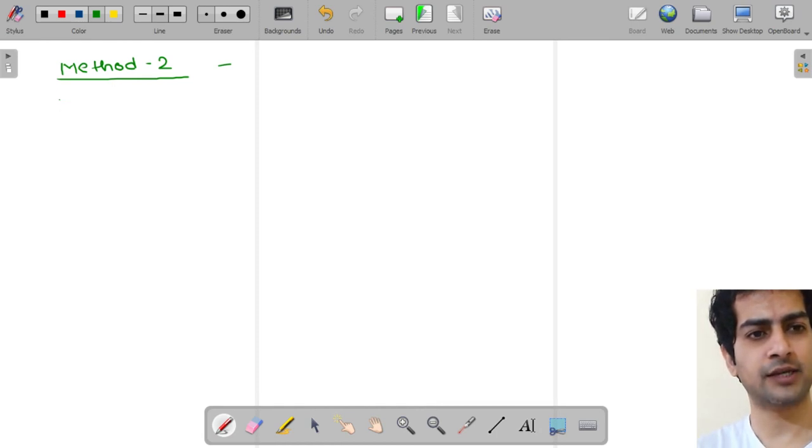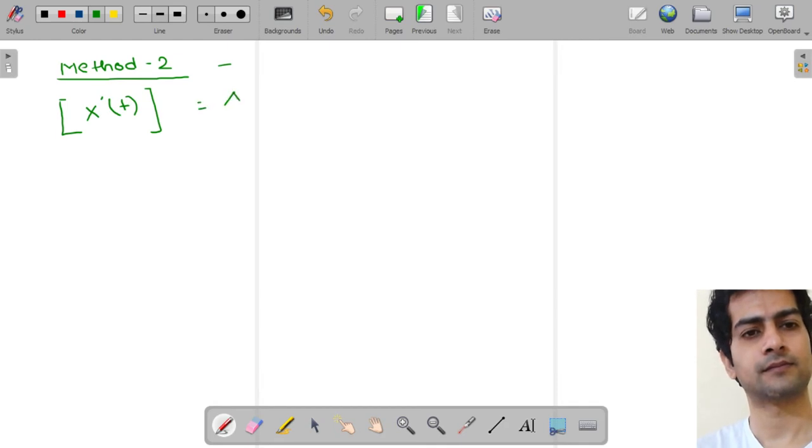Suppose we have a state equation like this: x dot t equals A x of t plus B u(t). A is also a matrix. All are in matrix form.